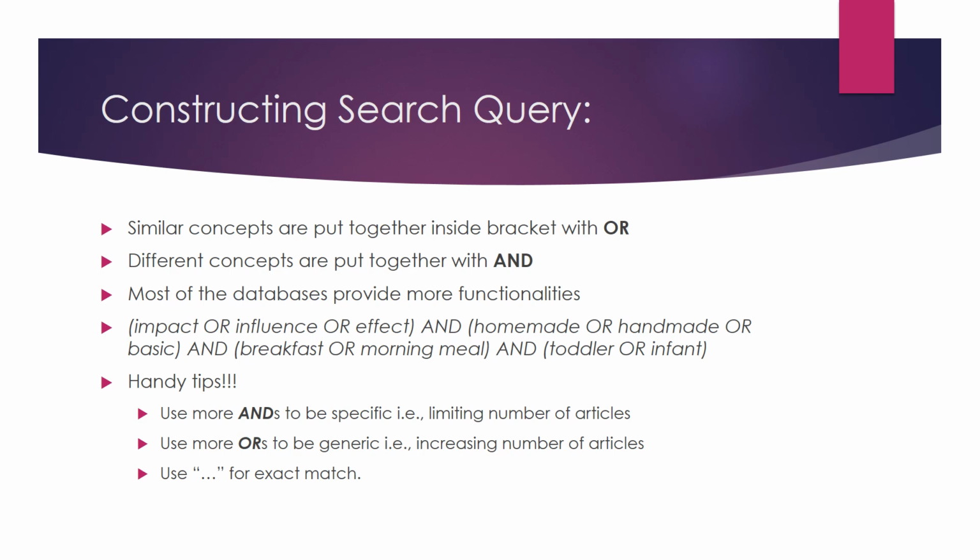In that case, you can use simply ORs. Then you can use quotation marks for exact match, and some databases actually provide wildcards. You have to look at the specification of the databases to have more idea.